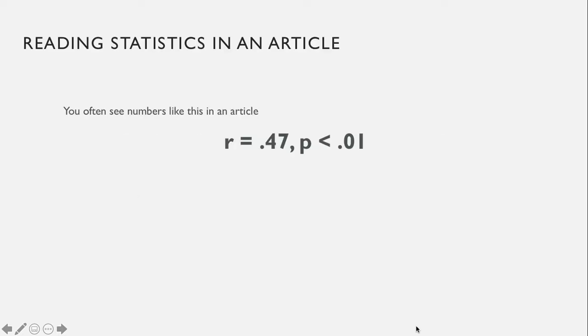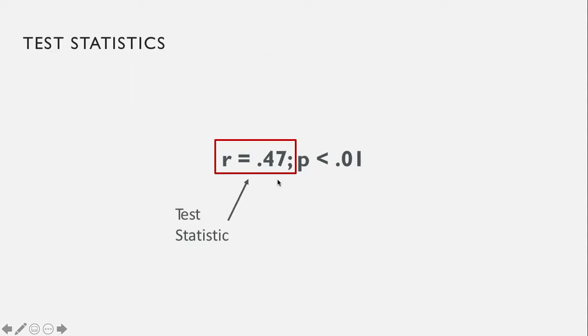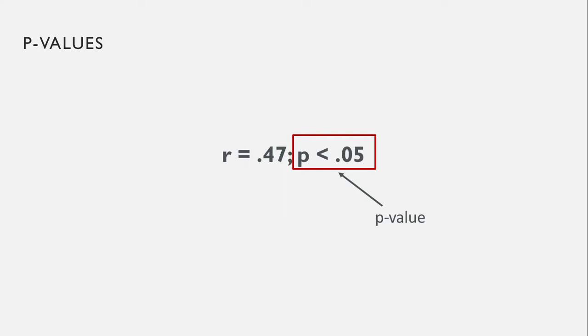So when we're reading statistics in an article, a lot of times we'll see some statistics that look like this. There are two things listed here. One is the test statistic, the other is the p-value. Remember we talked about p-values. They tell us if it is likely there is a relationship or not.